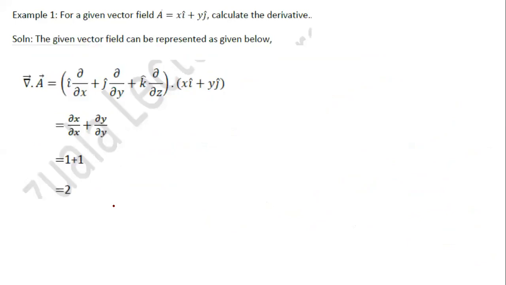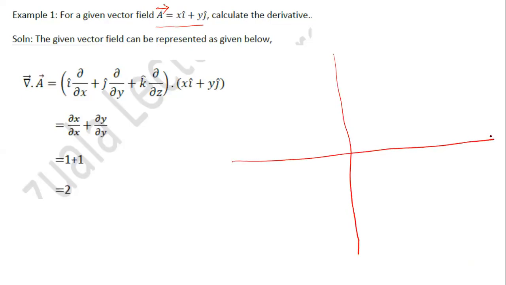Now, this is one very simple example. Let's say you take a vector field like this: vector A is equal to xi plus yj. Now, let us see how the vector will look. Let me draw it.